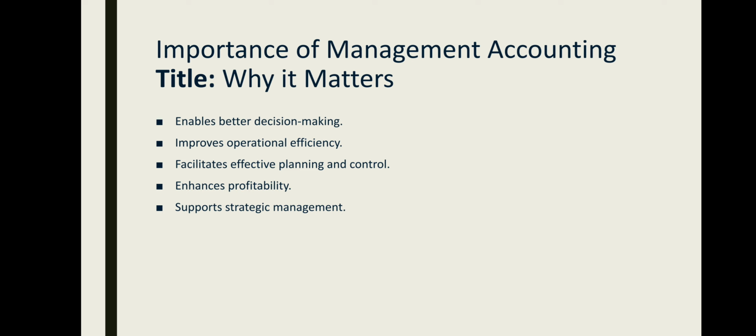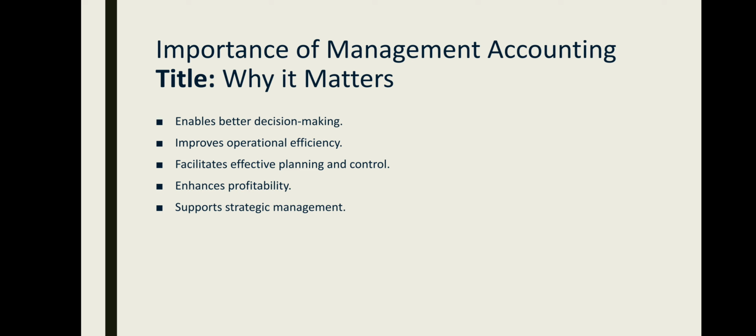Next one is to improve operational efficiency. As we have discussed in the previous slides, management accounting helps in the proper planning and controlling of the operations of the organization. So automatically the operational efficiency of the organization is going to increase. Next one is to facilitate effective planning and control.